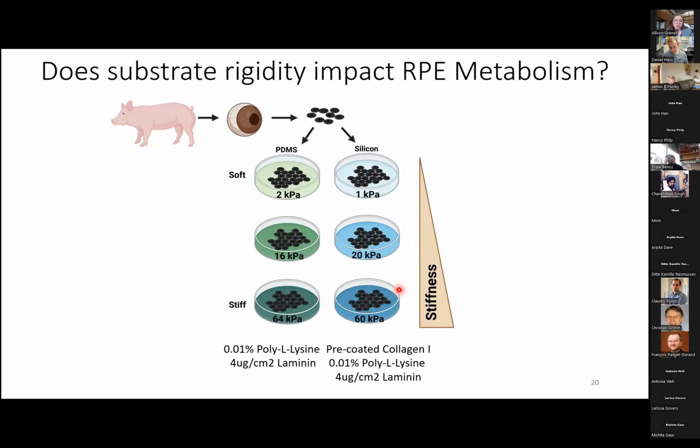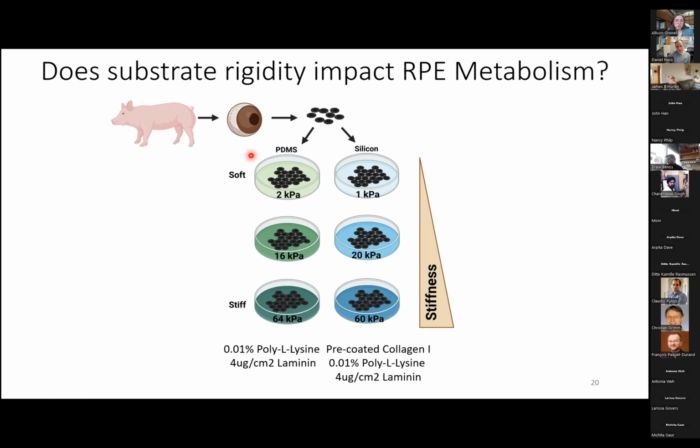To address this, I used primary porcine RPE cells, and I plated them on various synthetic hydrogels of different stiffnesses. I've done this using two different substrates, polydimethylsiloxane and silicone, but I'm going to focus on my results in the polydimethylsiloxane. I used 3 different stiffnesses.